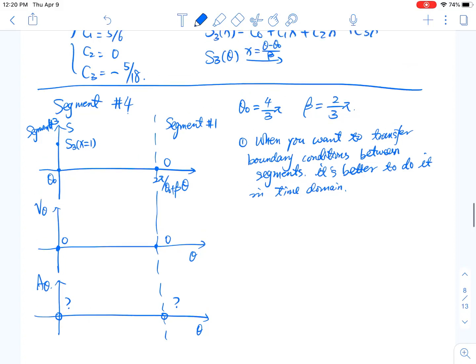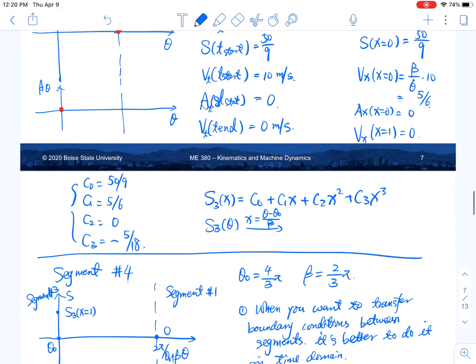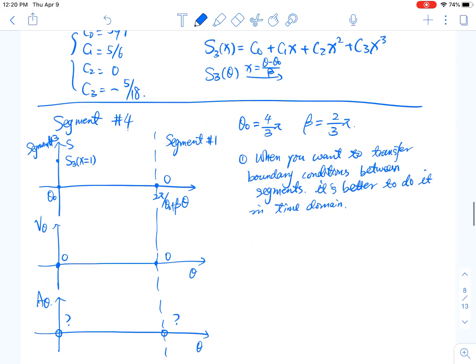Okay, so that means we first need to find what's the ending acceleration in time domain after segment 3.